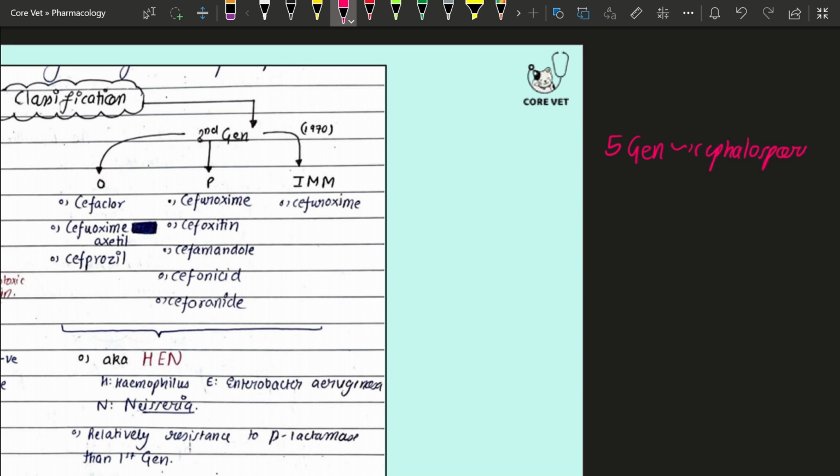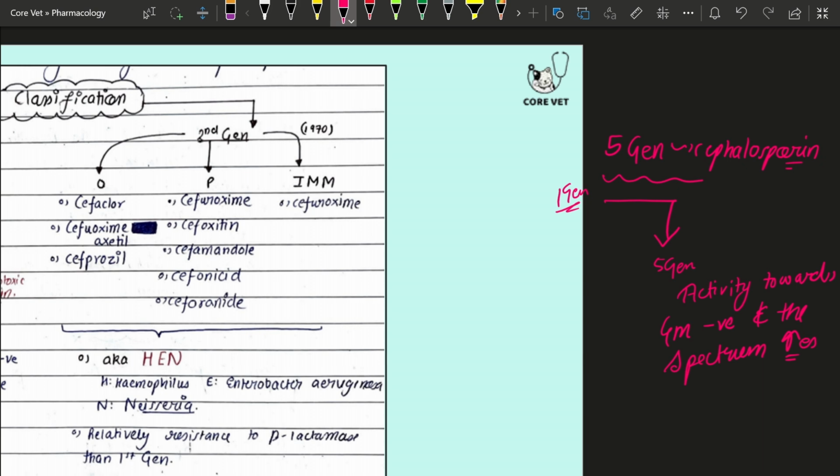One thing you should remember: as you pass from the 1st generation to the 5th generation, the activity towards gram negative organisms and the spectrum increases, right?